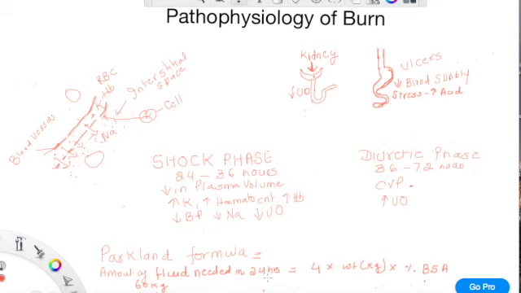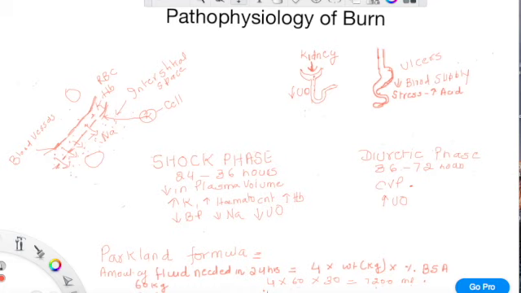So 4 multiplied by 60, weight should be in kilograms, and then we multiply it by 30. Don't write percent here, you just multiply it. So this is going to be 7200 ml of fluid. This is the total fluid the patient gets in 24 hours.